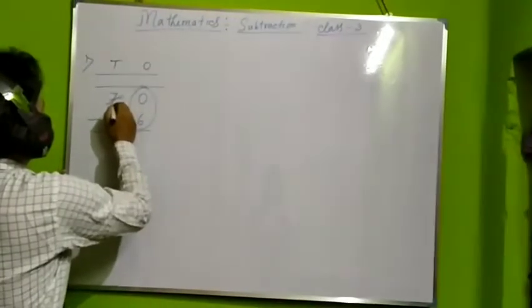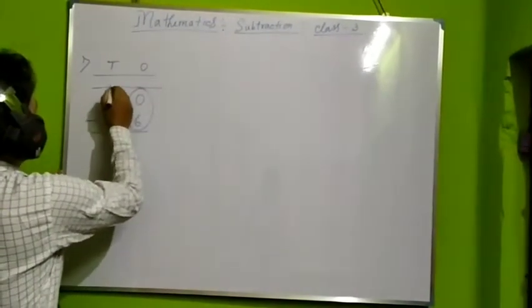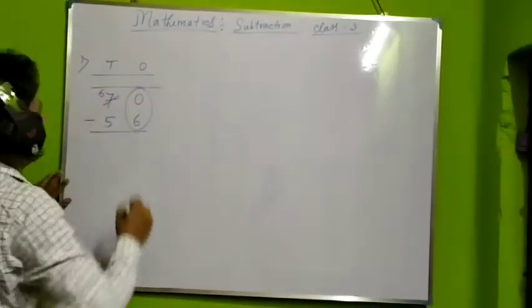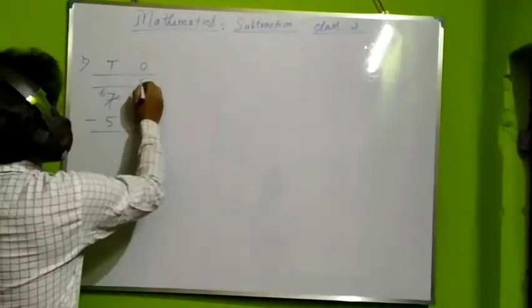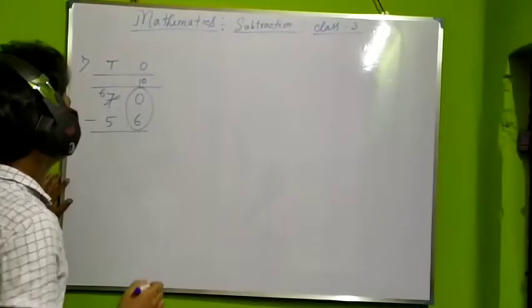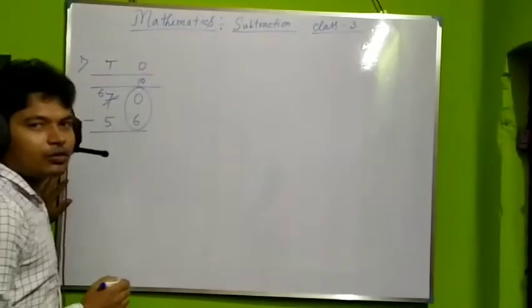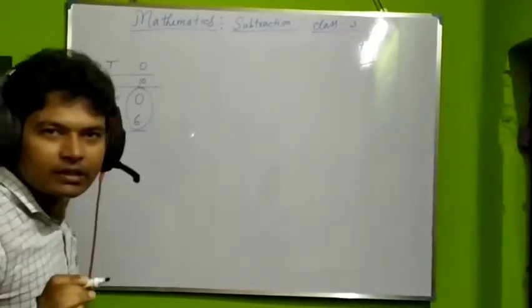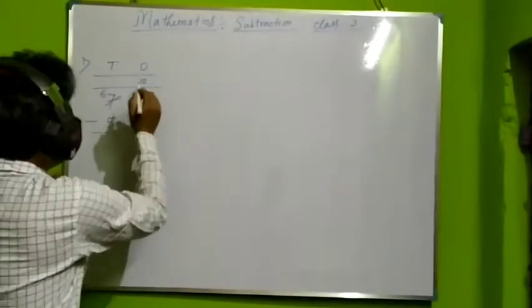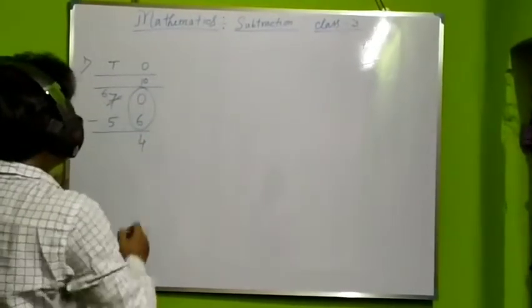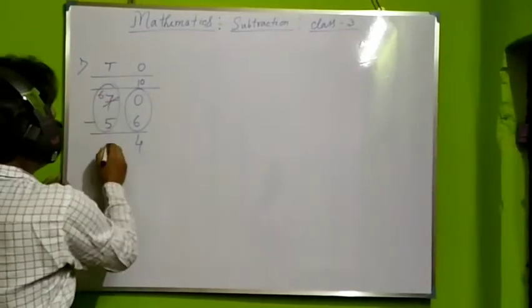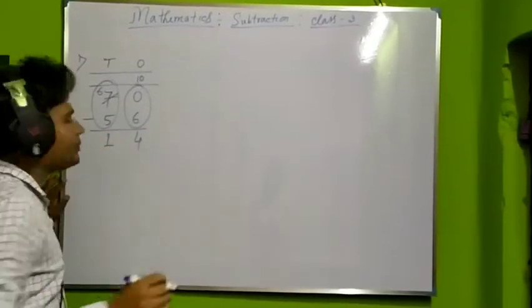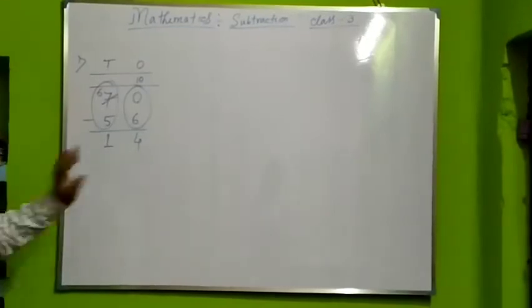That means giving 1, 7 converts to 6 here, and taking the borrow 1, when we add this at the tens place, it becomes 10. So now we have to subtract 6 from 10. So 10 minus 6 equals 4, and when we subtract 5 from 6, we get 1. So the difference or our result is 14.